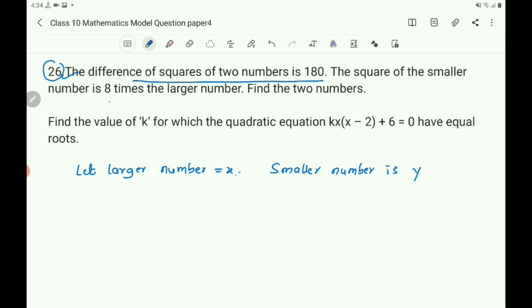So here it is given that difference of squares of two numbers is 180, means x square minus y square equals 180, and also it is given that square of smaller number is 8 times the larger number.